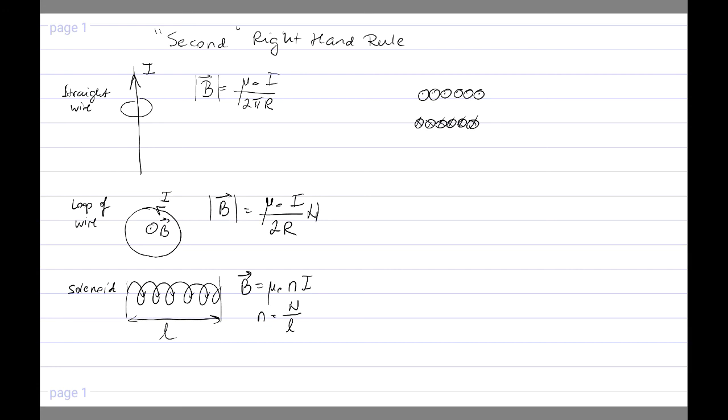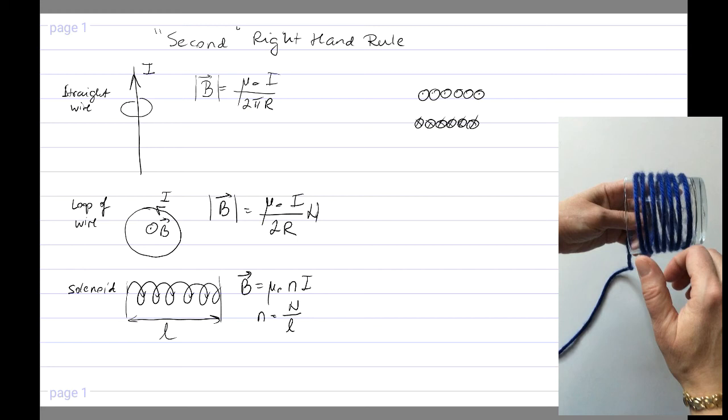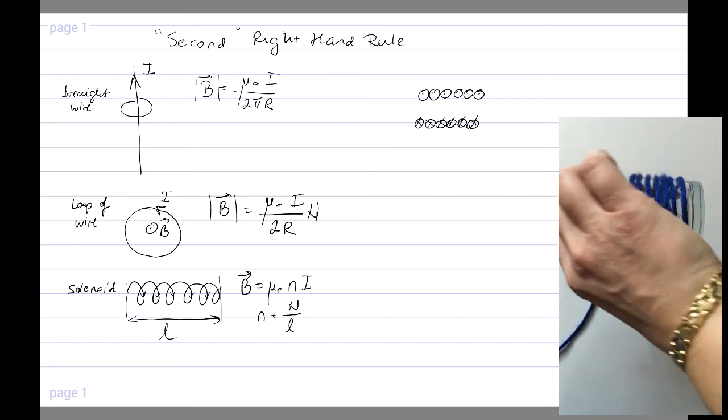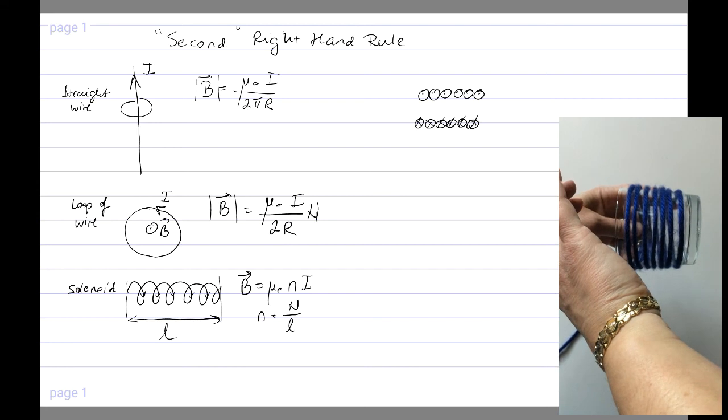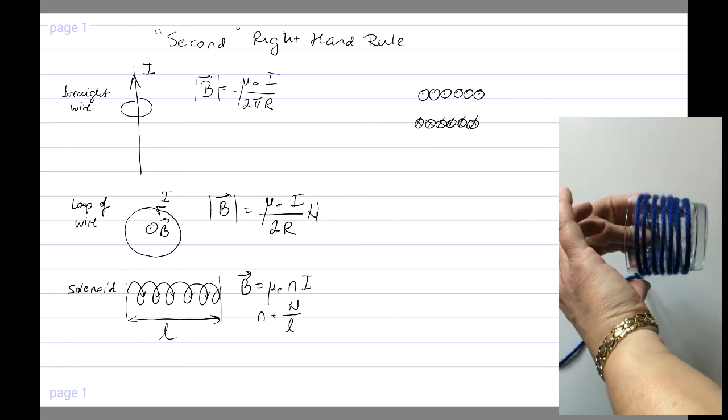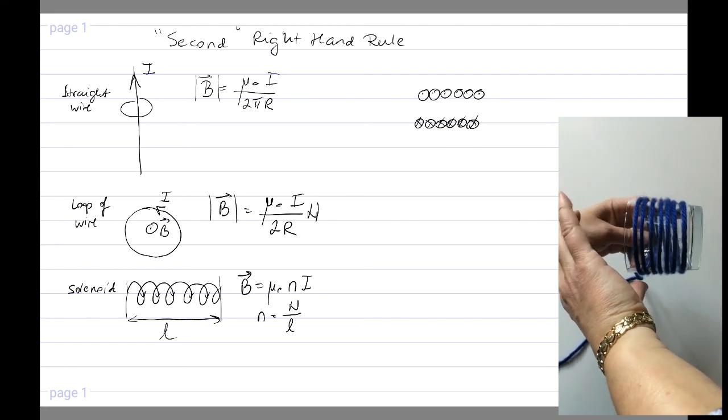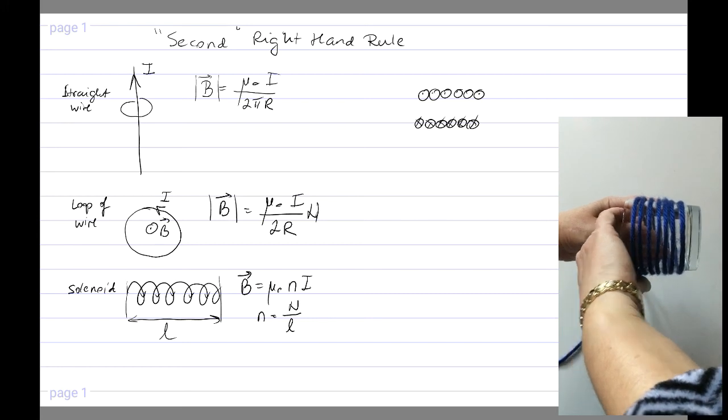Okay? So now we will place our thumb in the direction of the current. So on the bottom, the current is going into the page, and we have to make sure that our fingers are inside the solenoid.